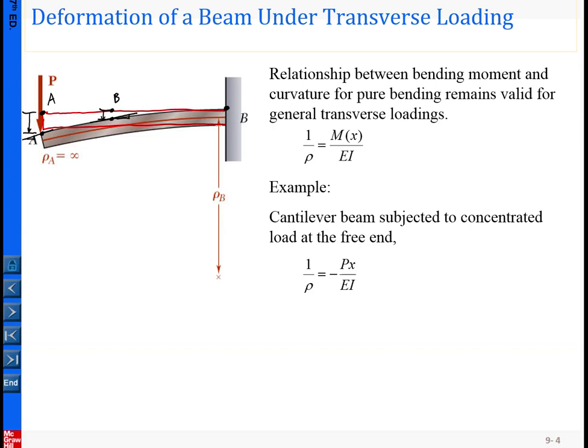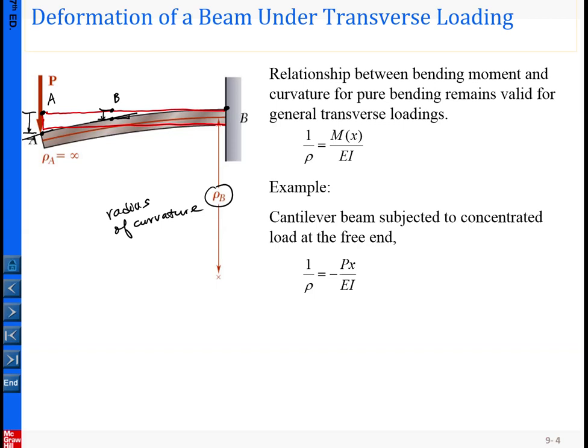At point B, I draw the tangent line, and the slope of this tangent line is the slope here. One more notation here: rho, which is called the radius of curvature. Any curved line always has a curvature, and once we have a curvature, we can always determine the radius of curvature.